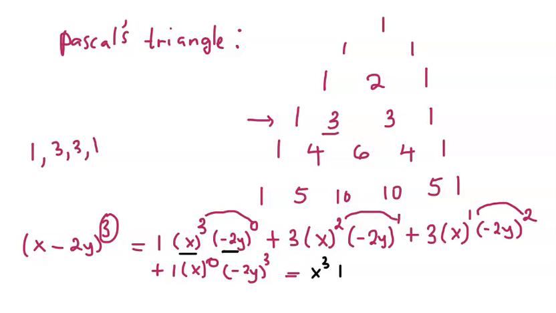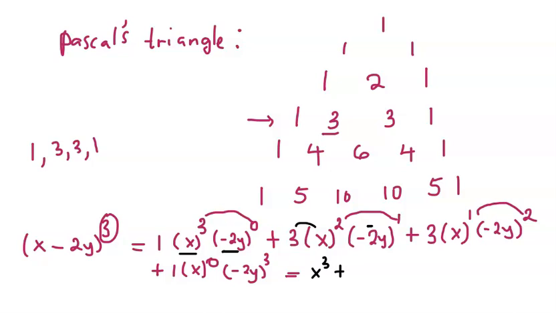Then we have plus 3 multiplied by x squared, multiplied by negative 2y to the power of 1, which is negative 2y. Therefore 3 times x squared is 3x squared, times negative 2y gives us negative 6x squared y.